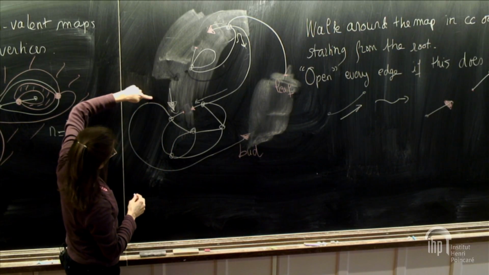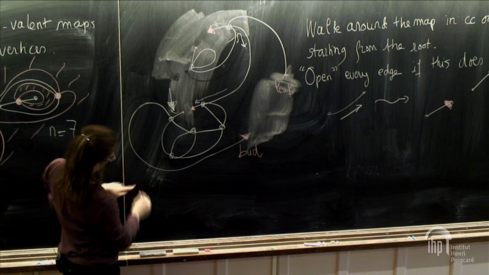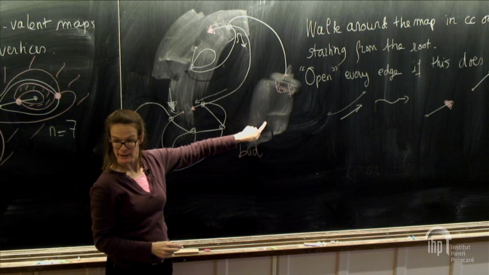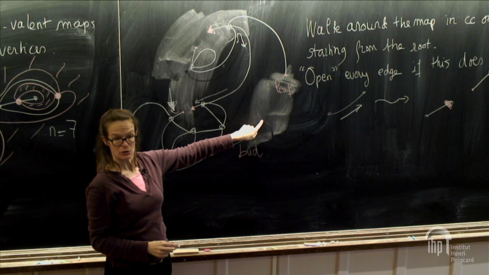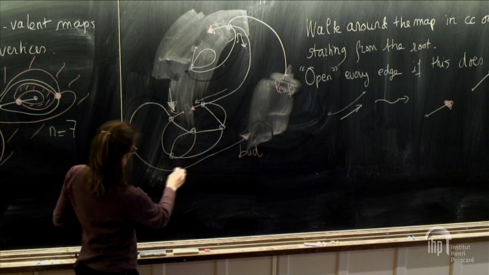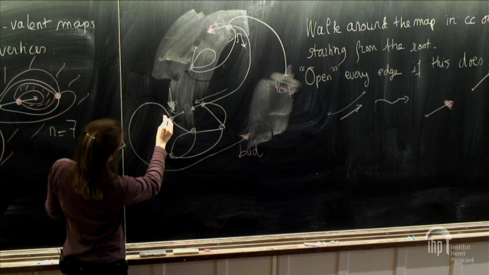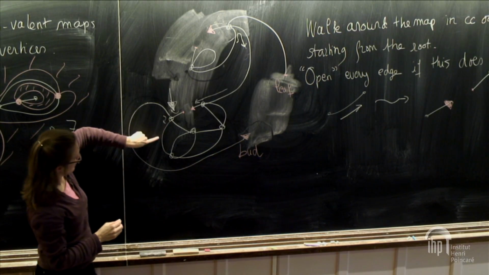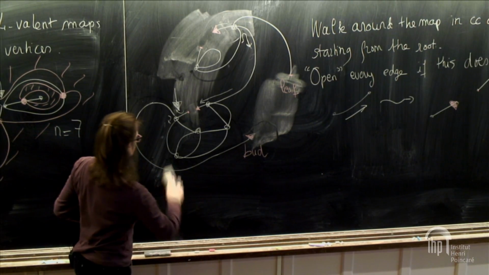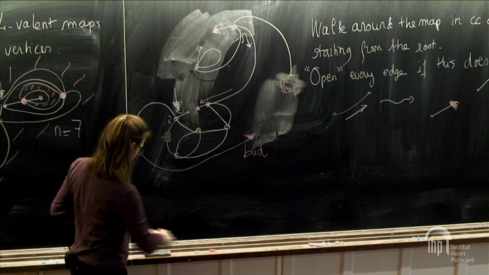I go on walking here around. So now this is open, so I can enter what used to be a face. So I do. I reach this corner here. And here I meet a new edge, which I can open. I do that.